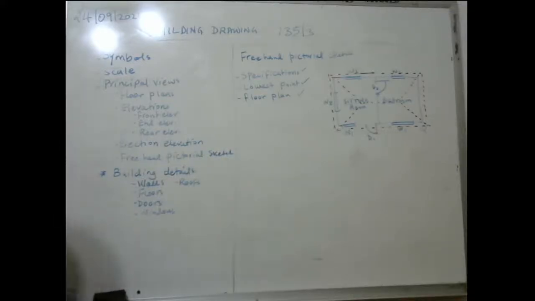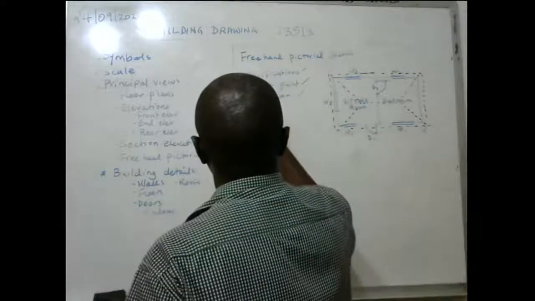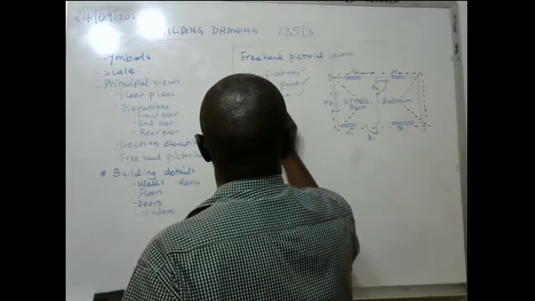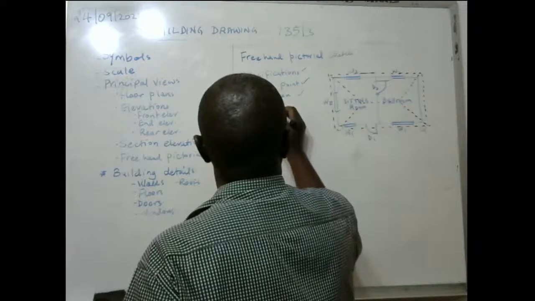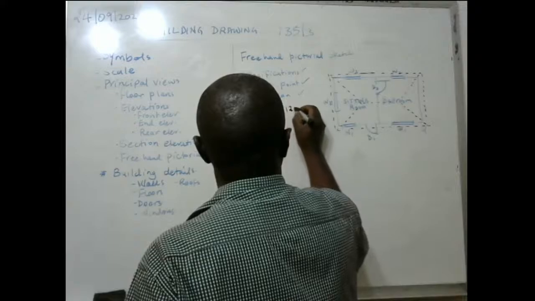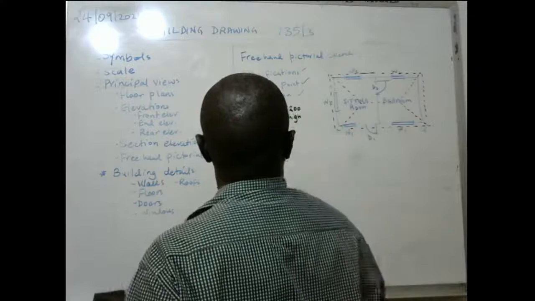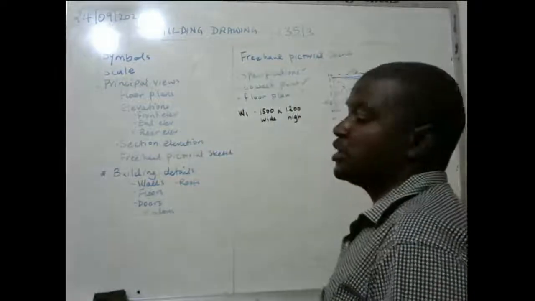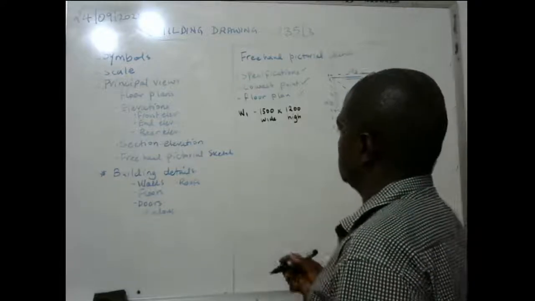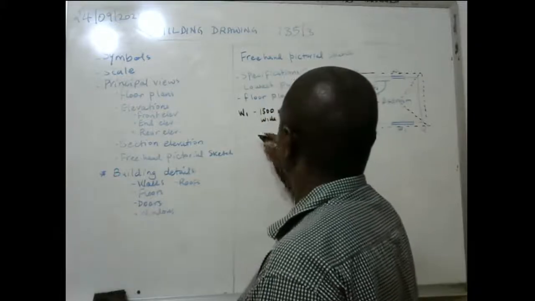For example, in the specifications, we shall be given that window 1 is 1,500 wide by 1,200 high. The width and then the height. And some other information, maybe wooden casement or metallic and so on.